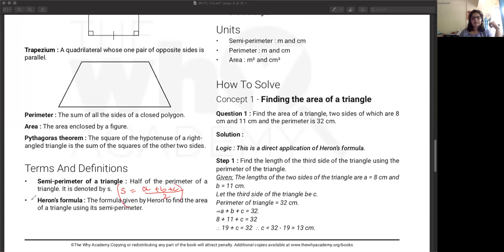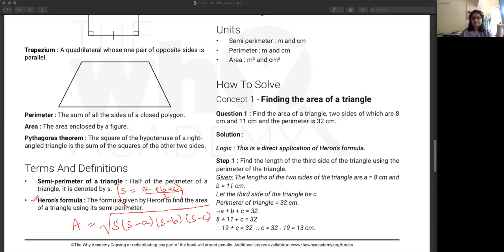So Heron's formula basically gives area using the semi-perimeter, and this is the formula for area as given by Heron's formula. So you've got root of s into (s minus a) into (s minus b) into (s minus c). It looks very long, but it's a very easy formula.